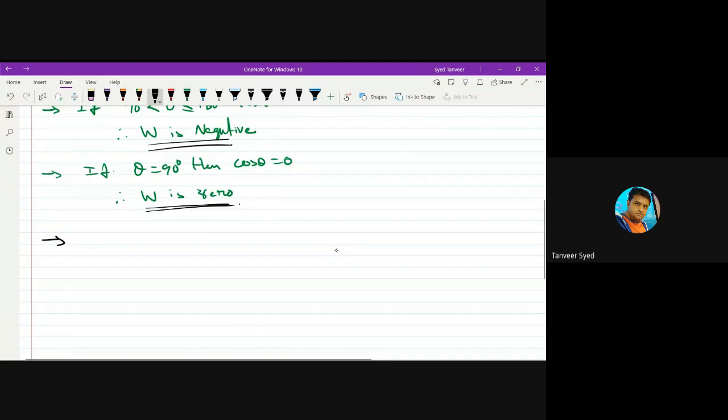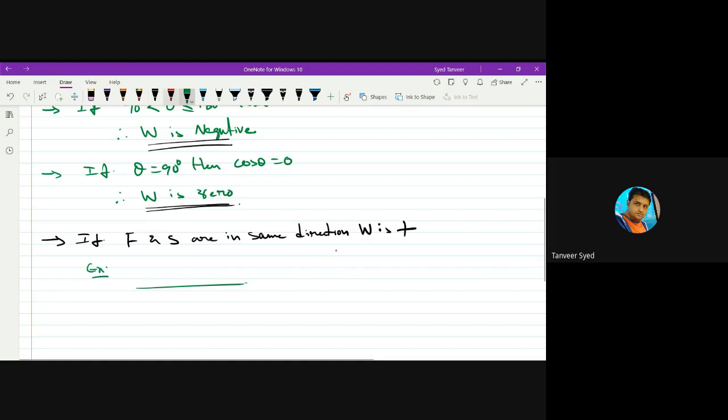So if I put these three cases in simple words, we can write it like this: if force and displacement are in the same direction, work done is positive. Example, this is a block.